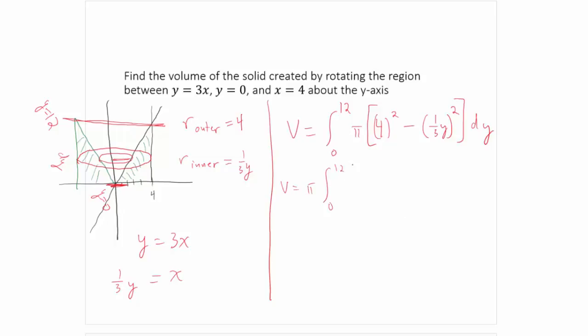And simplifying, I'd have 16 minus 1/9 y squared dy. And we can go through the calculations. We know how to find this antiderivative and to substitute. That's not the difficult part here. We end up with 128 pi as the volume. So the difficulty is in setting up the appropriate integral. And then we know how to find the antiderivative and substitute using the fundamental theorem of calculus.